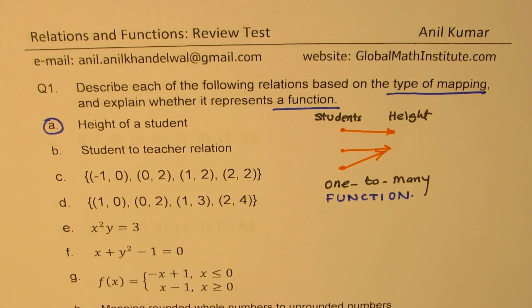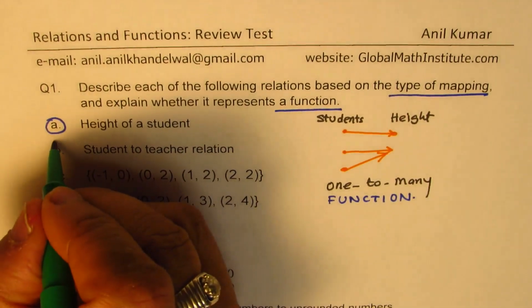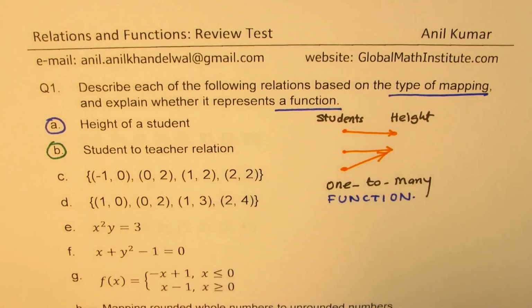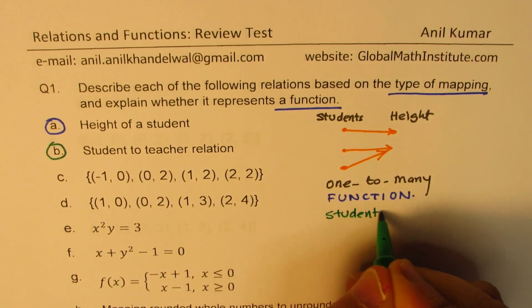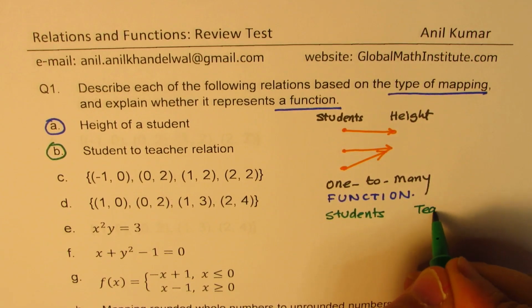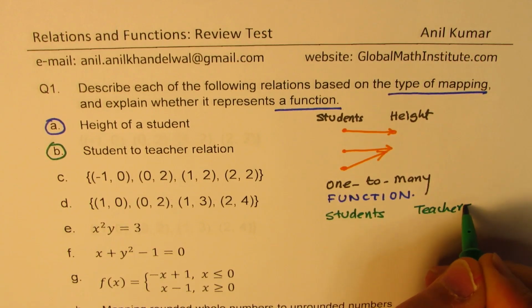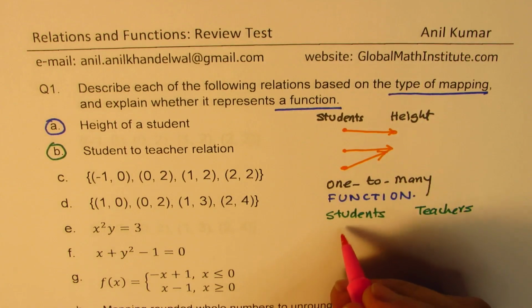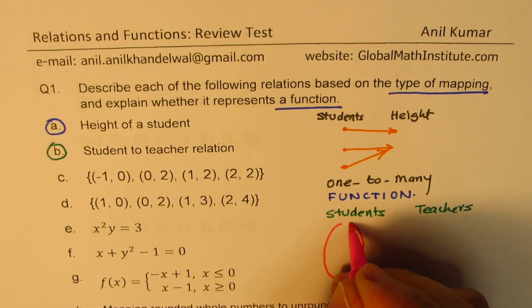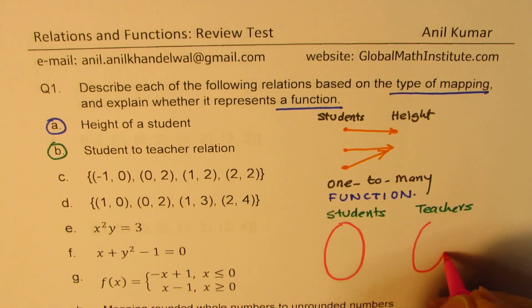Now let's look into part B of this question, which is the student to teacher relation, right? So we have students here and teachers. Okay. You can make a Venn diagram to explain. So let me make boxes, oval shaped.